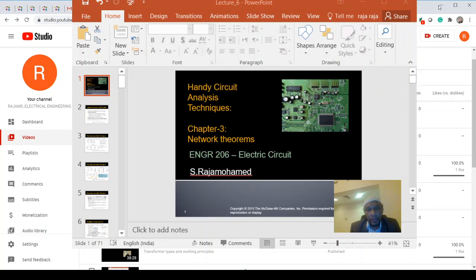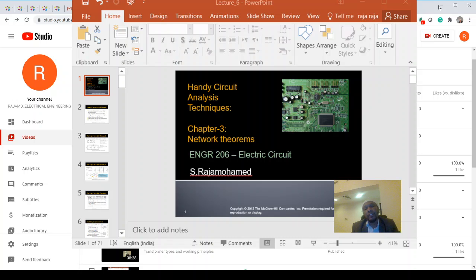Some applications use basic concepts from the network theorems, and of course in electrical engineering, all streams, whether the communication side, power, or computer networking side, everywhere they are using the concept of network theorems.